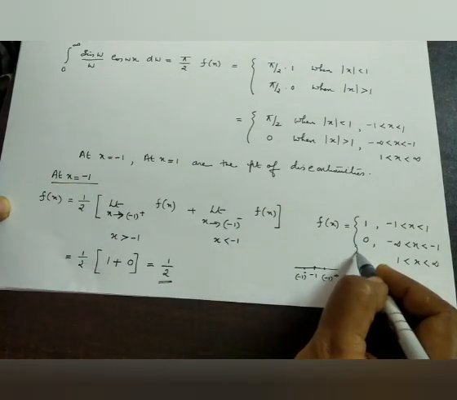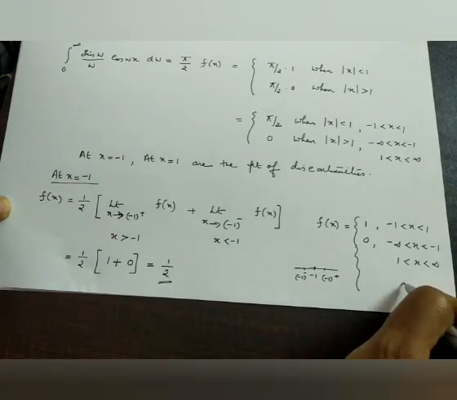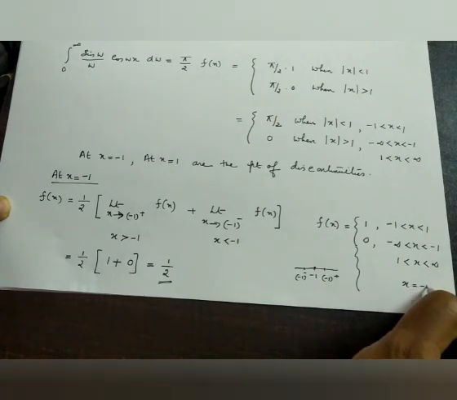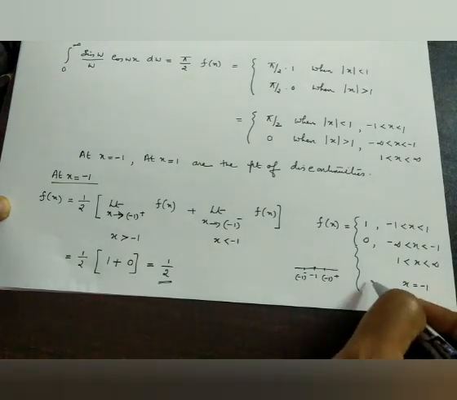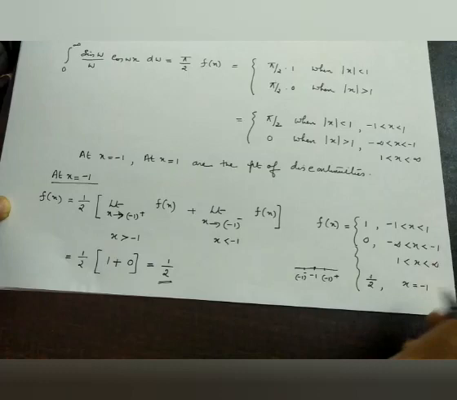Therefore here we can extend at x is equal to minus 1, the value of f of x is 1 by 2. Similarly, we can find out the value at x is equal to 1.